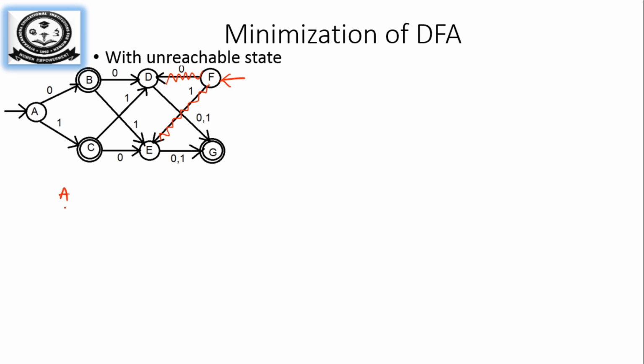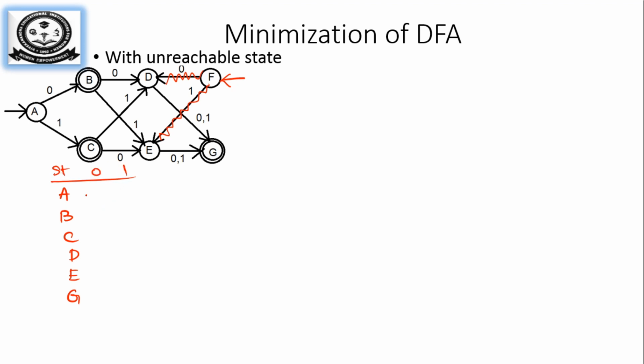So now let us see what are the sets we have. So we will have it as A, B, C, D, E and G. So we are not going to consider F for this. So these are states, and for 0 and 1, what is the input?